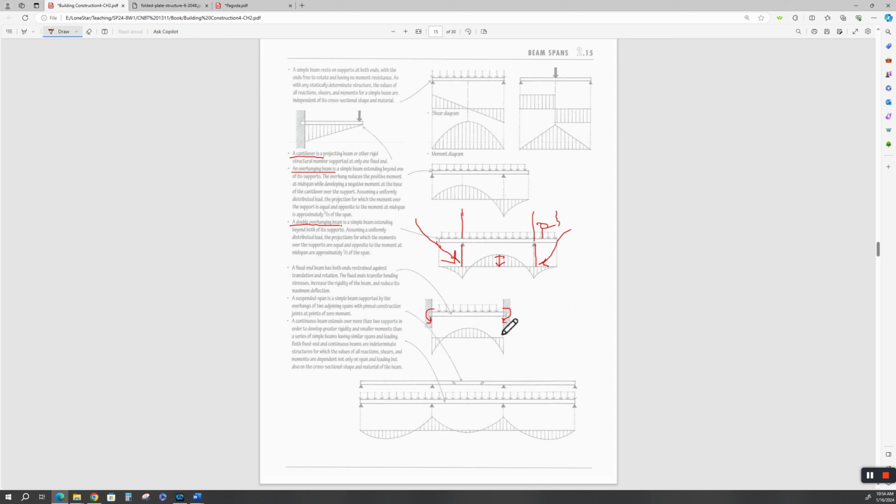It's fixed. It'll resist rotation. And so this beam that was pinned on the end had a super high moment up here, same span, but if you fix the ends, then the moment gets smaller, the bending gets smaller, and it theoretically can carry more load.